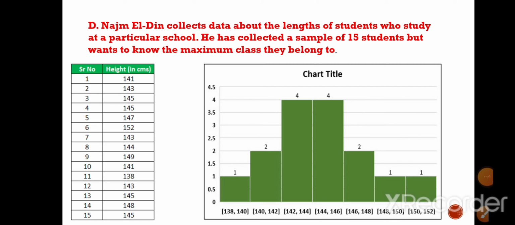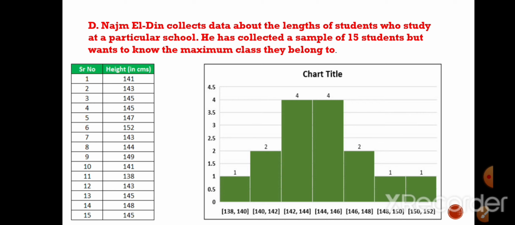This is a simple example about histogram. Dr. Najmuddin collects data about the height of students who study at a particular school. He has collected a sample of 15 students but wants to know the maximum class they belong to. Here we have created a histogram using 6 bins with 6 different frequencies. On the y-axis is the average number of students falling in the particular category.